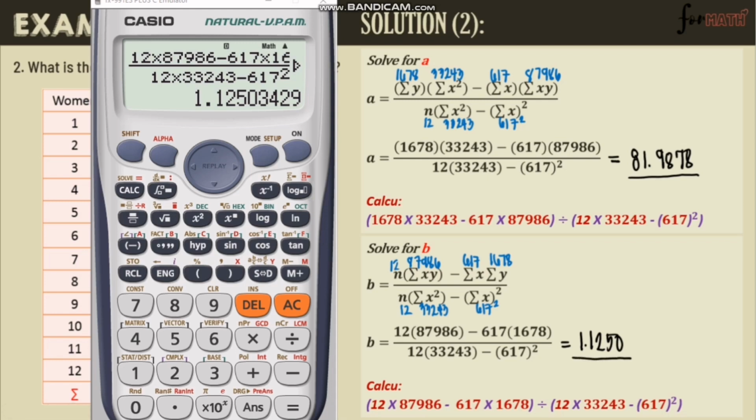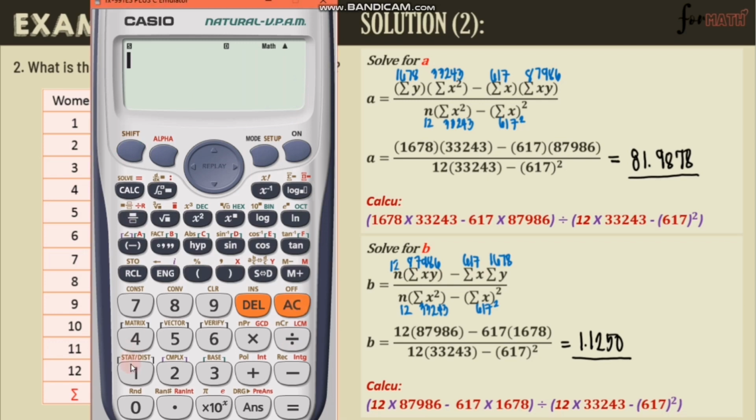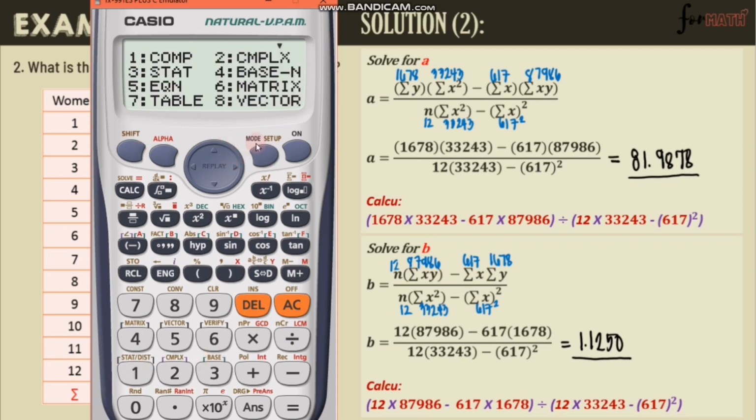Okay, next is nakuha na natin yung letter A and letter B. So, gamit yung ating calcu, verify natin yung answer natin for A and B. So, press tayo AC. Going back, we have shift 1. Hindi pala tayo naka-stat. So, punta tayo sa mode and then stat. So, ito ay mabubura yung ating data kapag, sa ganitong calcu, pag nagpunta ka sa mode 1.